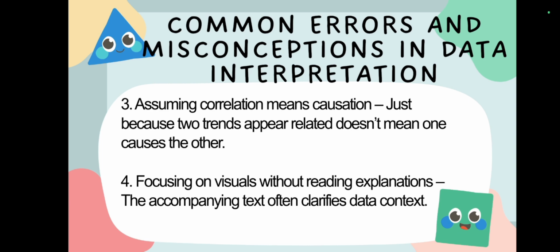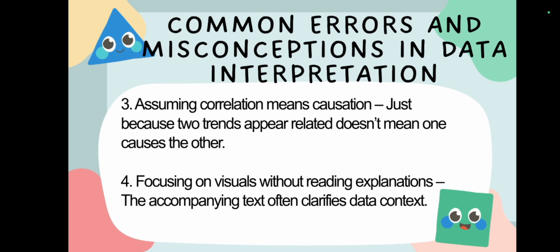Of course, the text gives important context. It tells us what the data means, where it came from, and why it matters. And without reading it, we might interpret the information incorrectly.